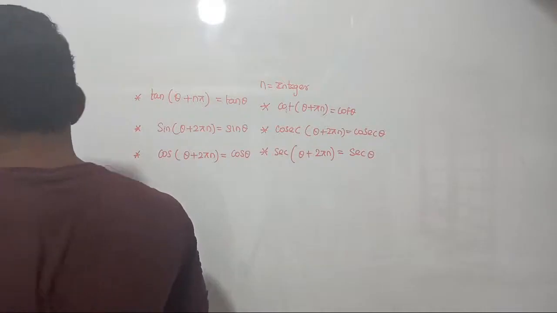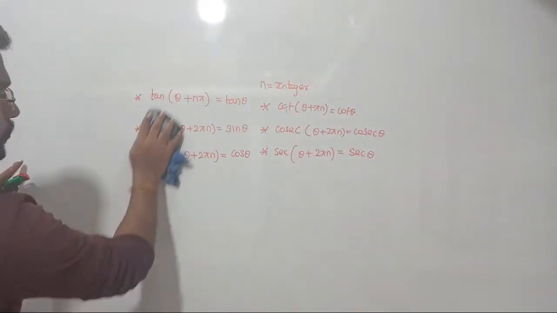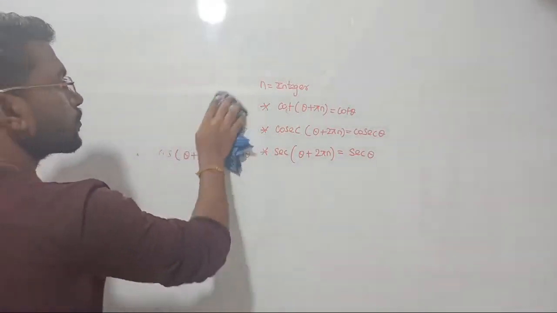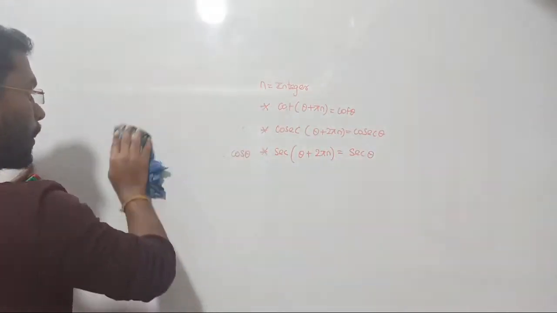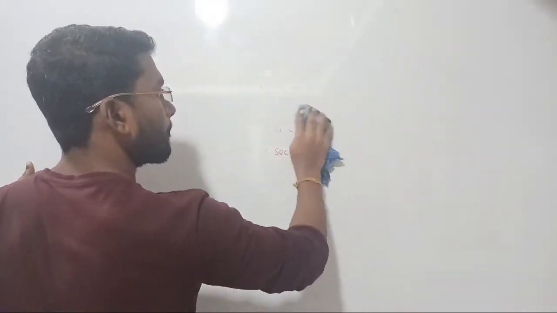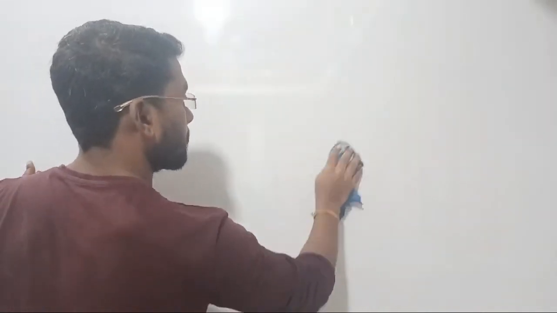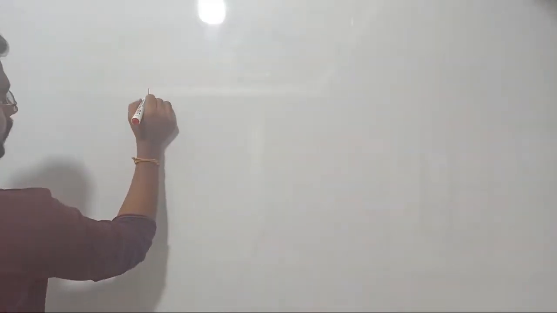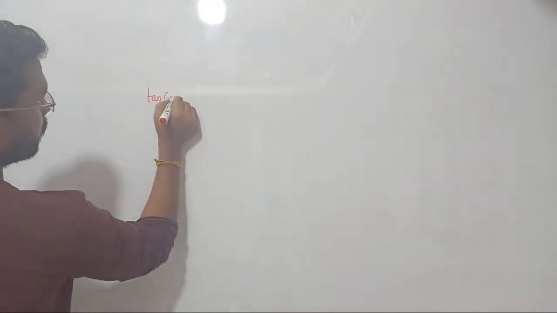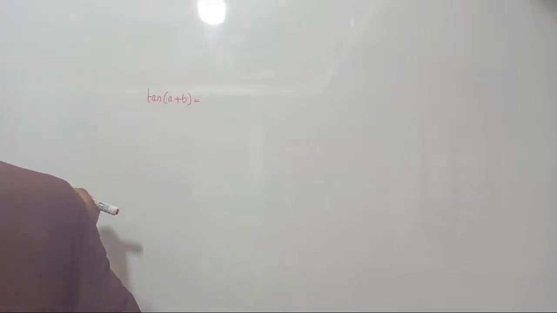Okay. Next, I had given a few more identities. Let me rub this one. Next, I'm raising the formula for tan of a plus b. We know this formula very well, because in control systems I used it many times.